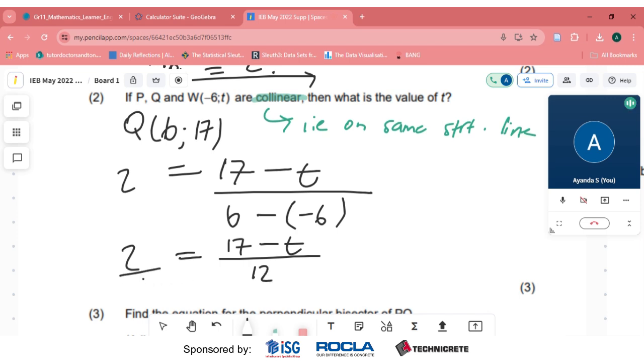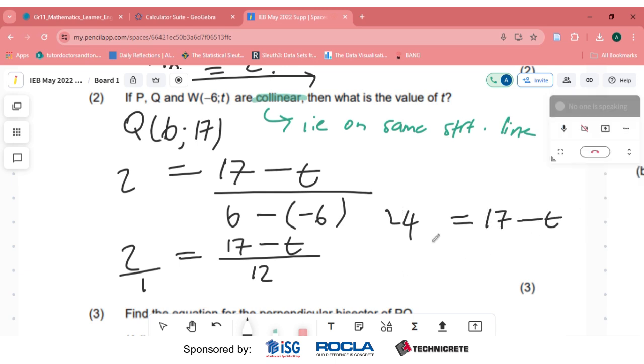Remember that 2 is the same as 2 over 1. So through cross multiplication, we'll have 24 on the left-hand side is equal to 1 times 17 minus t, which leaves us with just 17 minus t. This is 24.